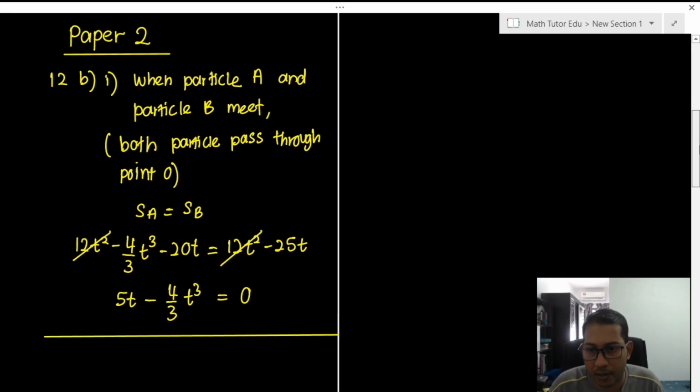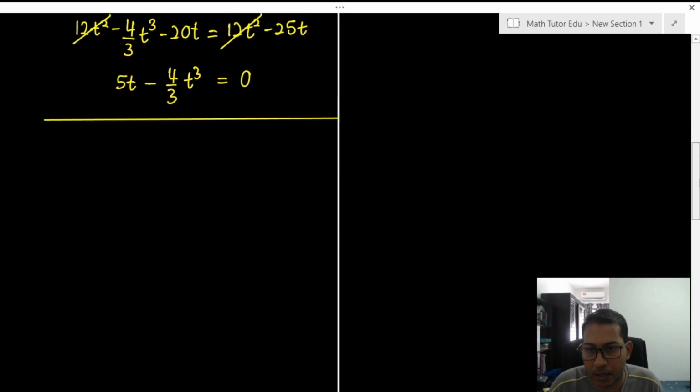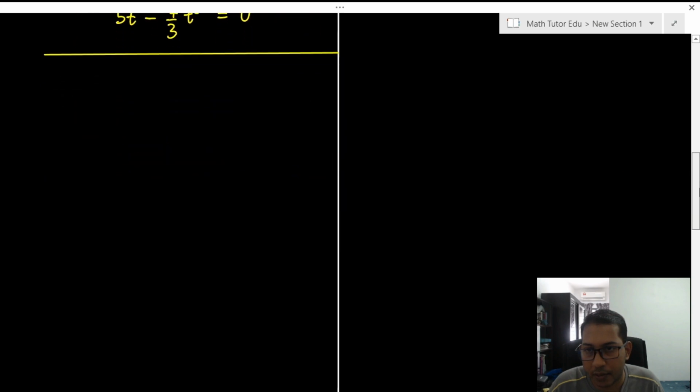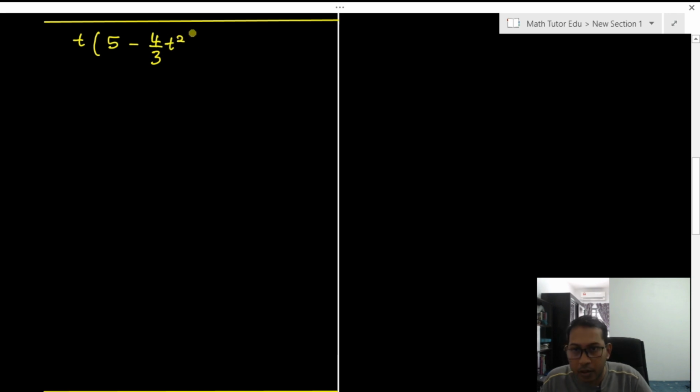So from here let us continue our working. What we do is factor out the t. So from here you get t times 5 minus 4 over 3 t square equals to 0.